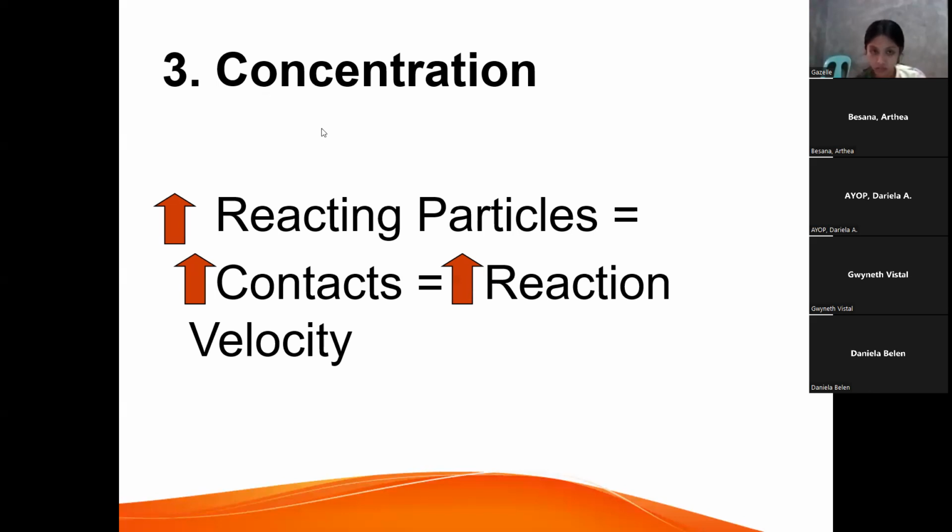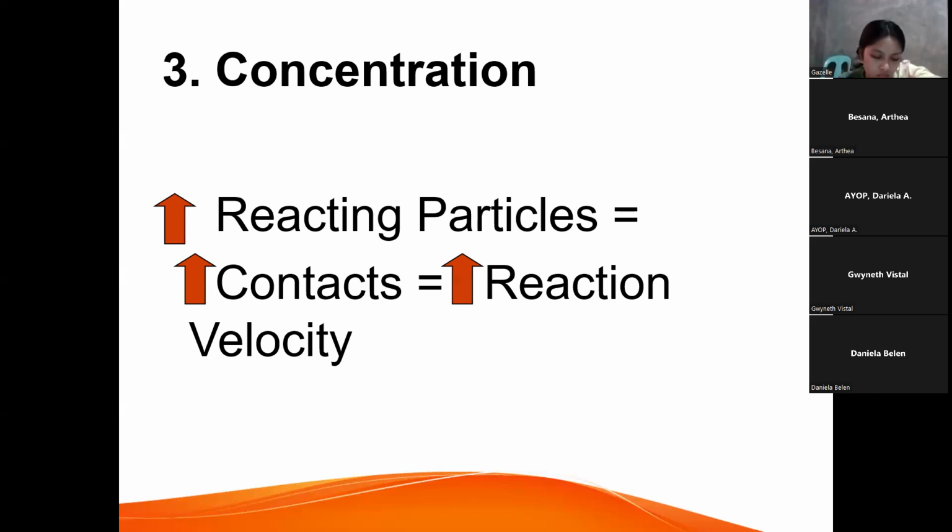Okay, so tatlo na yun ha, ang mag-a-affect ng reaction velocity natin or speed of chemical reaction. Number 1, presence of catalyst. Na ang catalyst ay any chemical substance na idadagdag natin sa reacting na mga substances din and mag-speed up ang reaction. Number 2, temperature. You know that paano mag-speed up yung temperature ng reaction?